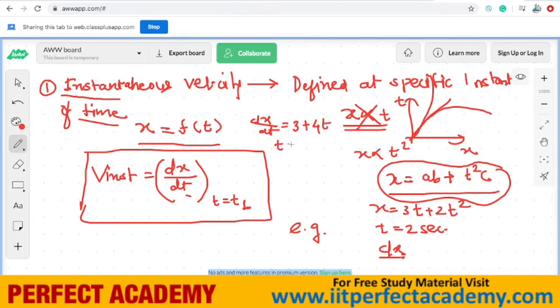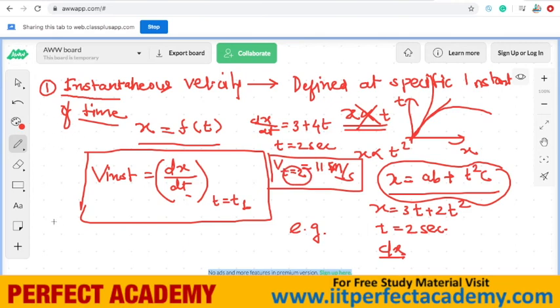So if I substitute t is equal to 2 seconds here, I'll get the value of velocity, v at t is equal to 2 seconds, and that value will be 8 plus 3, that is 11 meter per second. This is the instantaneous velocity at t is equal to 2 seconds.